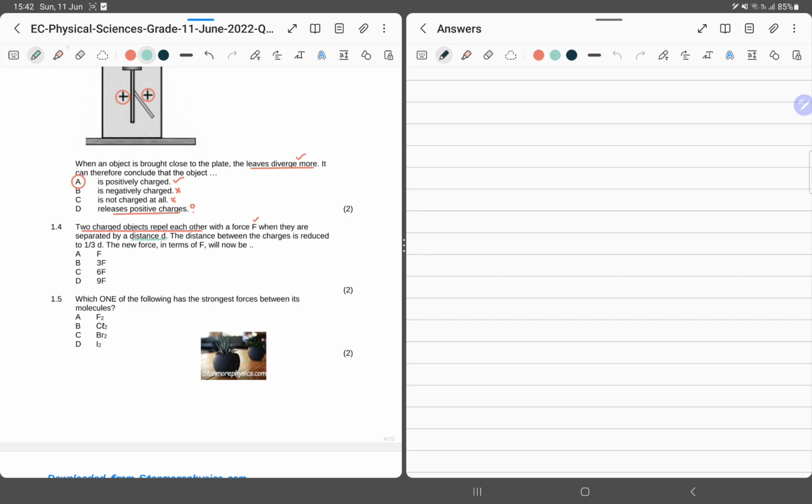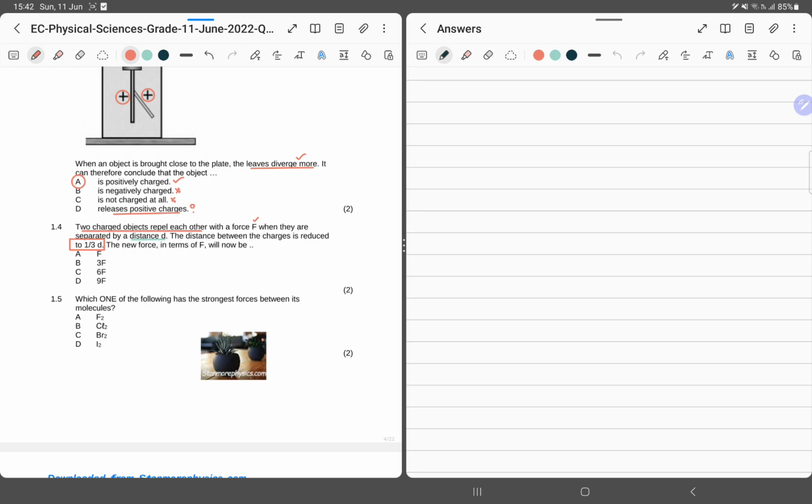The distance between the charges is reduced to 1/3 of d. So what are we doing to the force? Remember, if we decrease the distance, the force increases, right?